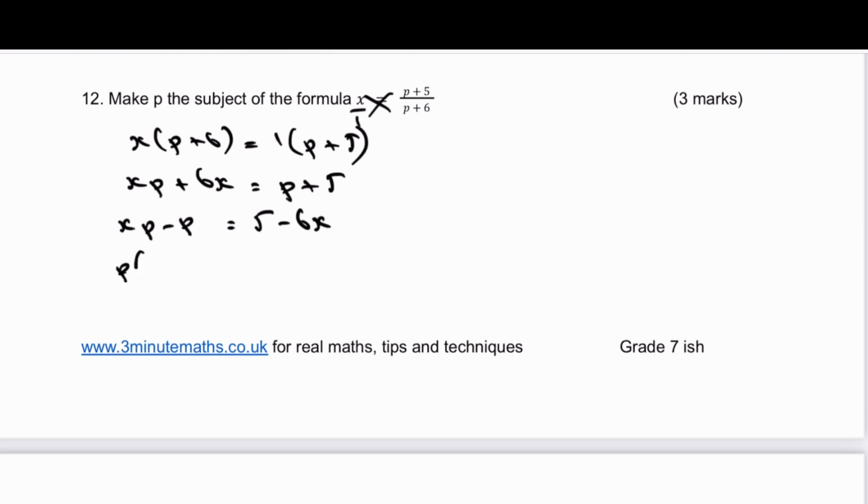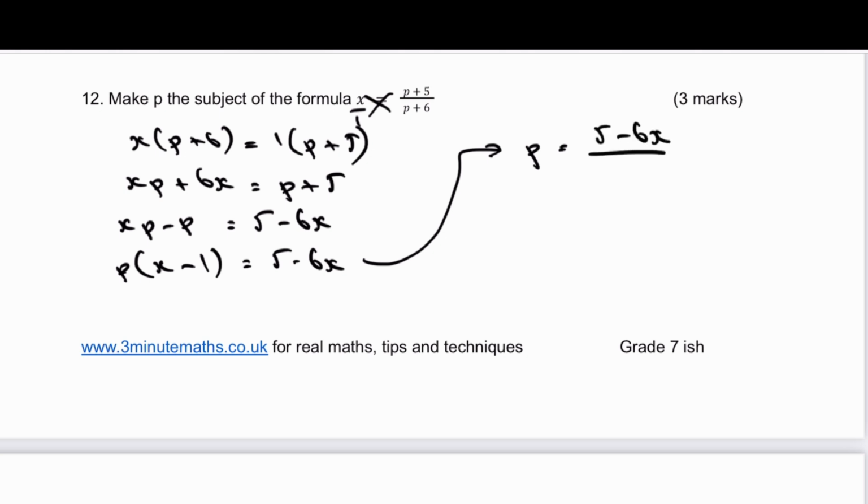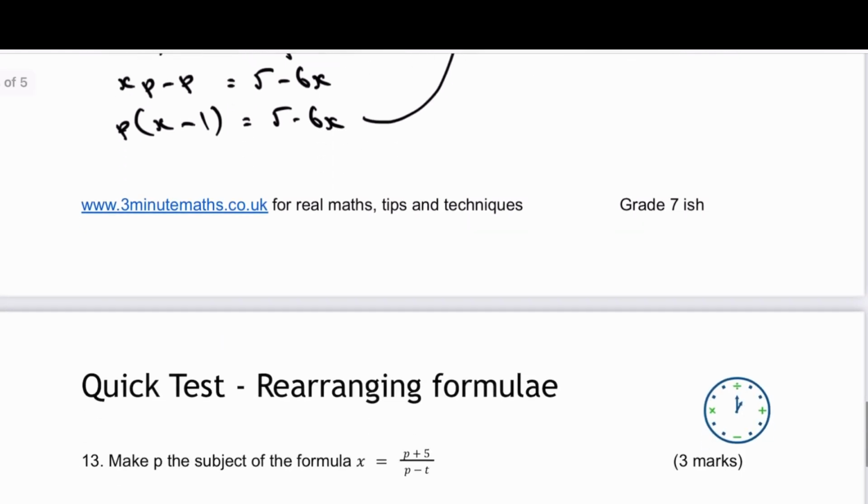Factorise for p: p is going to go into xp x times, and then into minus p minus 1 time, that equals 5 minus 6x. So I can write that as p equals 5 minus 6x all divided by x minus 1, and that would be the answer to that particular question. Okay, hopefully that's okay for you. Let's move on then to question number 13.